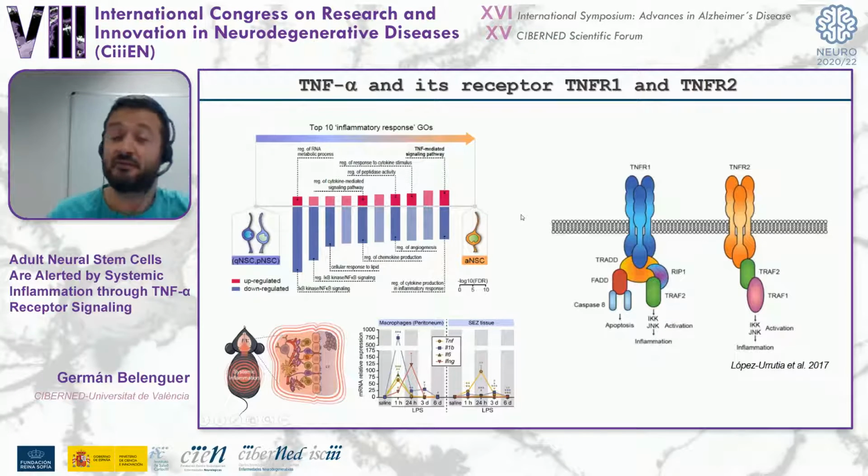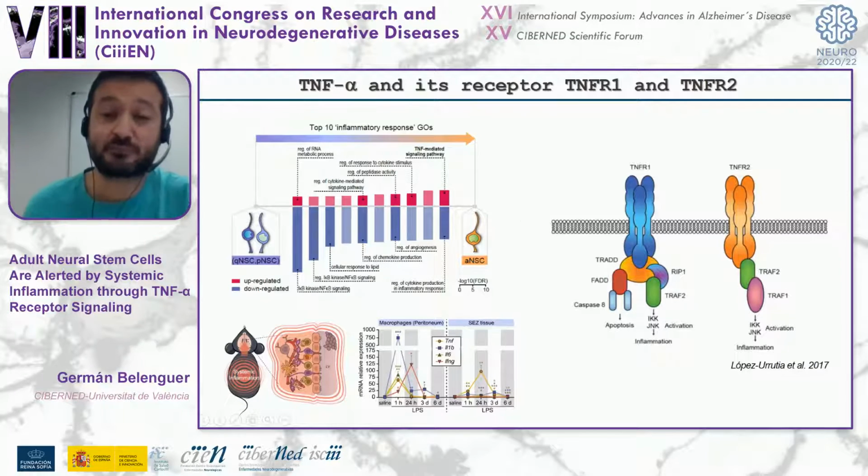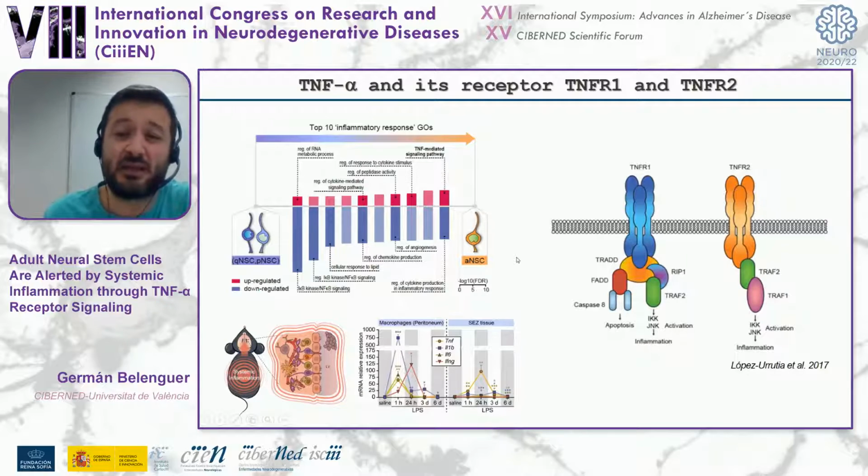What is TNF-α? TNF-α is a very well-known cytokine that has been studied in many systems, also in neural stem cells, with very contradictory results, that it binds to two different receptors and has many different functions.